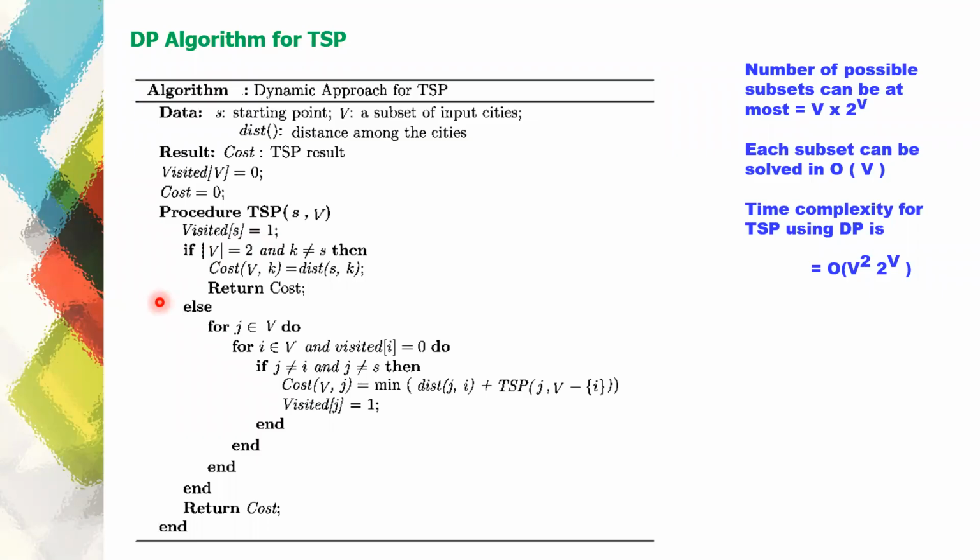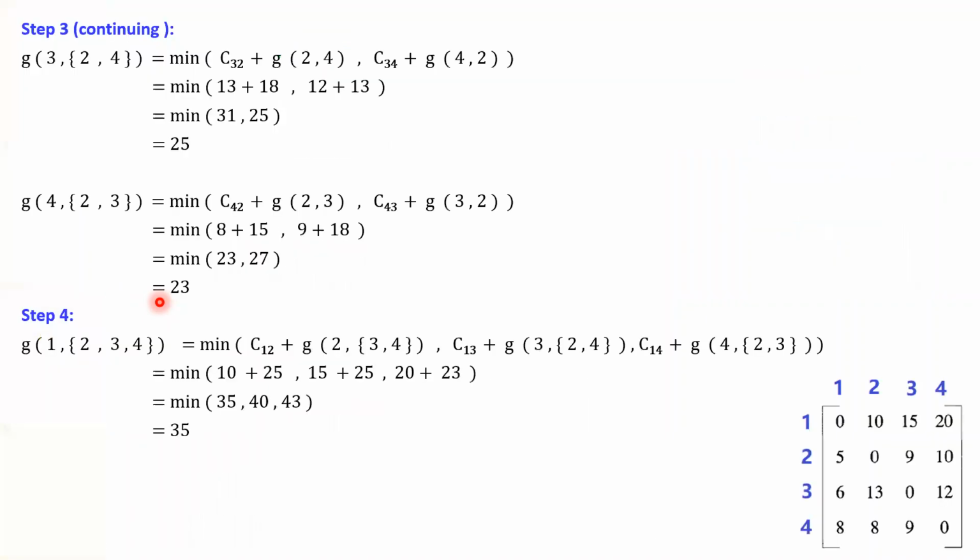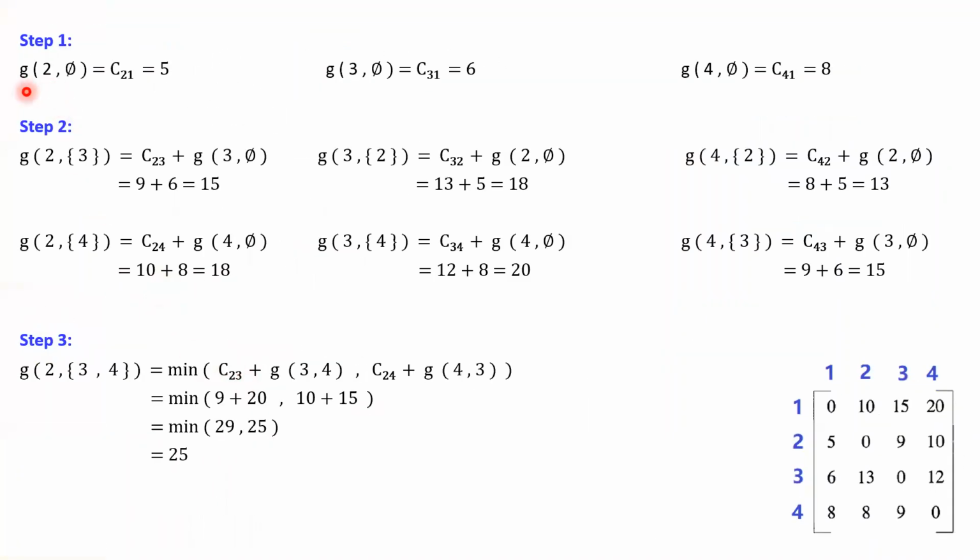So I'll continue my recursion or I'll stop the recursion. When will you stop the recursion? If you see this figure, this g of 2, null, right? If there are only 2 cities in the cost function, then I'm going to stop the recursion.